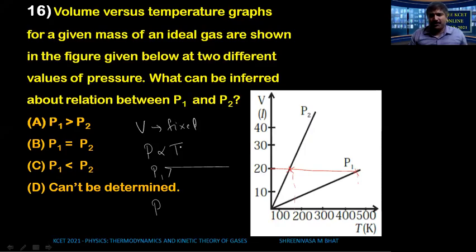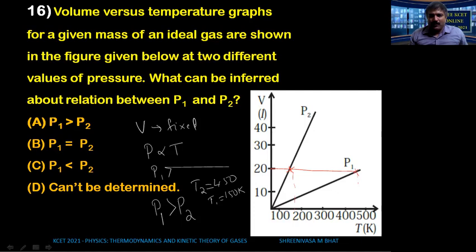Pressure P1 is proportional to temperature T1, whereas P2 is proportional to T2. So therefore, P1 is greater than P2, because the temperature corresponding to P1 is higher, say 450 Kelvin, whereas for P2 it is say 150 Kelvin.